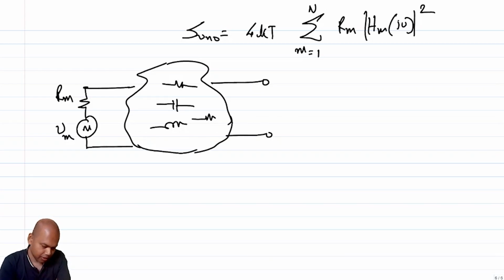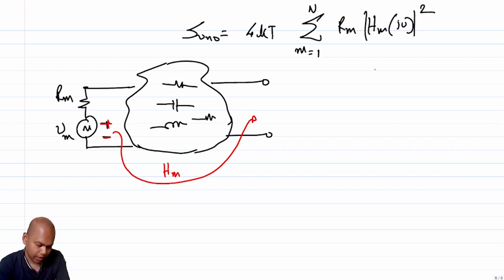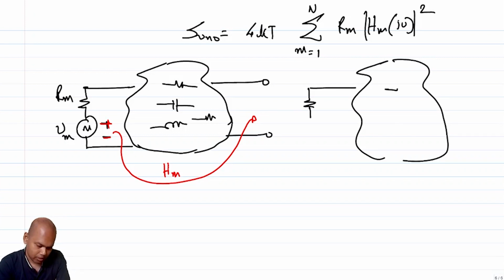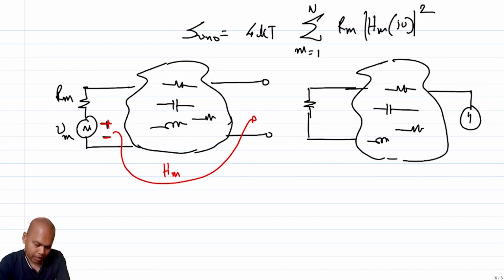So what does reciprocity tell us? If the voltage transfer function from this port to this port is Hm, then I can basically copy the same thing, desensitize or short the voltage source, and apply a current source at the output of value 1 angle 0, that is phasor 1 angle 0.